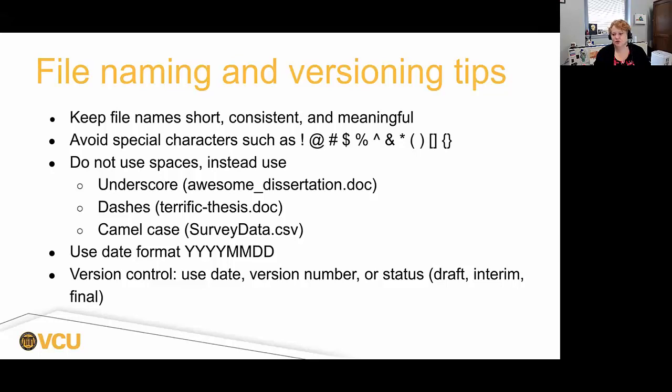And with version control, use the date, a version number, or a status that you've devised, or any combination thereof. And there are also tools that you can use. A couple of those are Bulk Rename Utility, which is a Microsoft compatible product, works with Windows, and another one is Hazel, and that works with Macs.